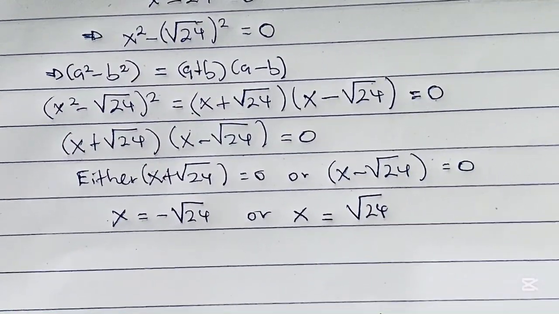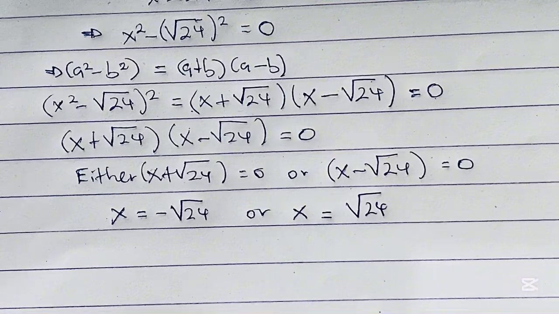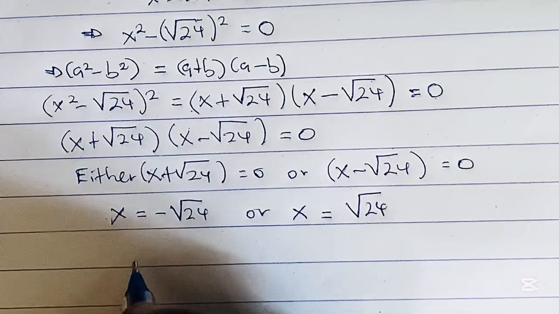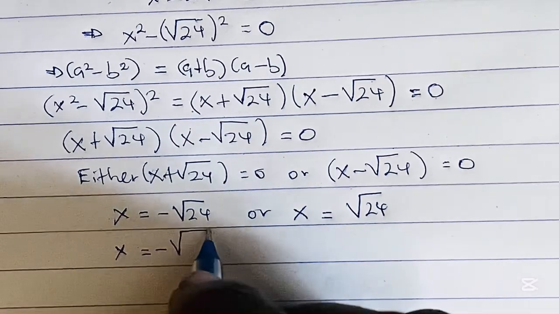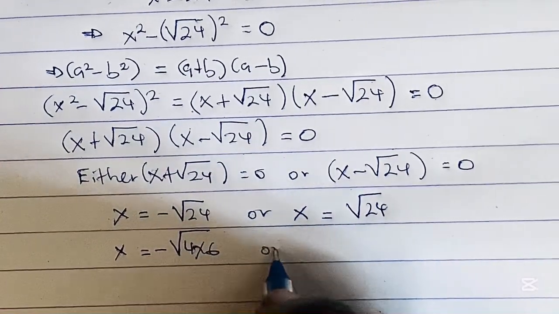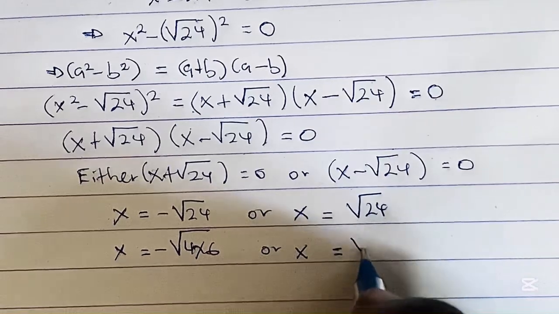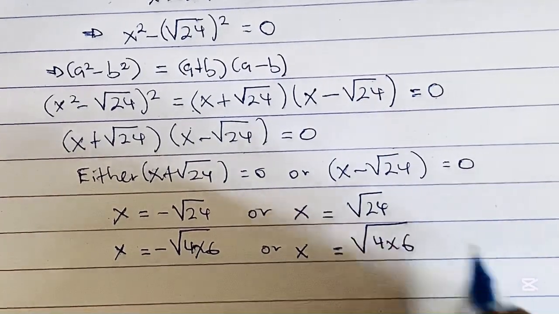So we can simplify: root of 24 is the same as root of 4 times 6. So x is equal to negative root of 4 times 6, or x is equal to root of 4 times 6.